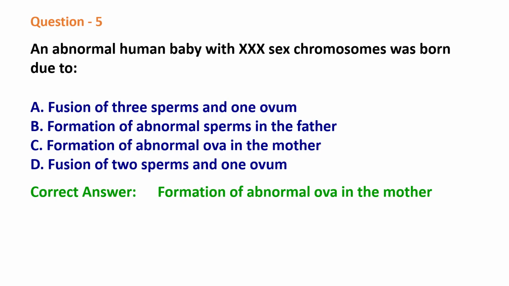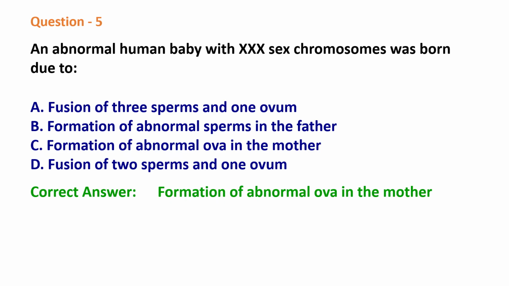We know that during the formation of ova, proper segregation of chromosomes should take place. But if that segregation is not taking place properly, we use the term non-disjunction of chromosomes. Instead of the X chromosomes being pulled apart to two different sides during meiosis, the two X chromosomes may move towards one pole of the cell.